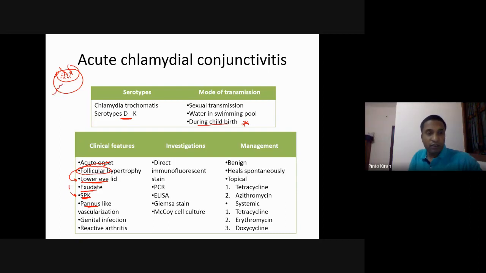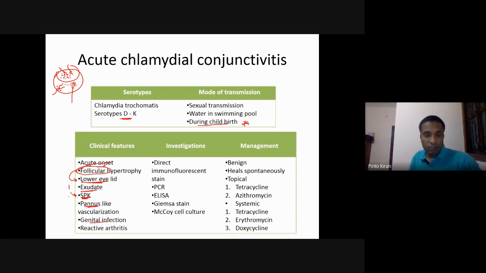Regressive one, whenever the blood vessels are in the front and infiltrations in the back. What about the progressive one? Progressive one, when the infiltrates precede the blood vessels, and they can have a genital infection.